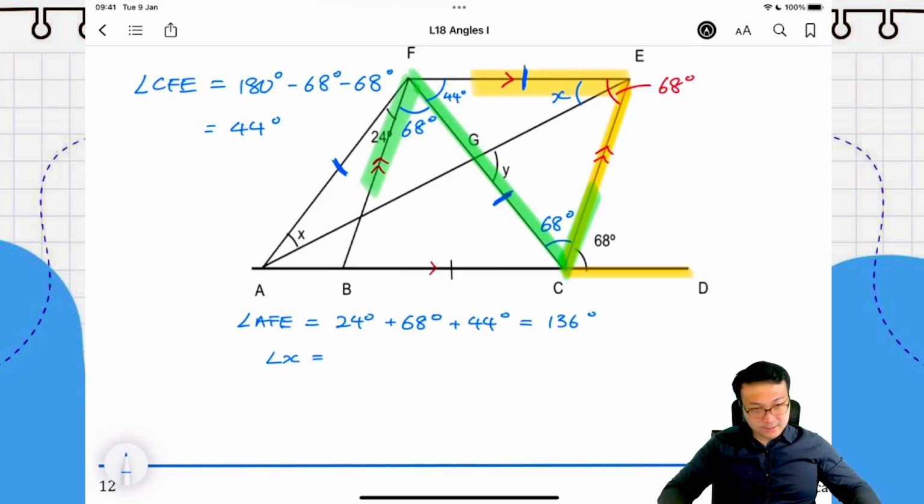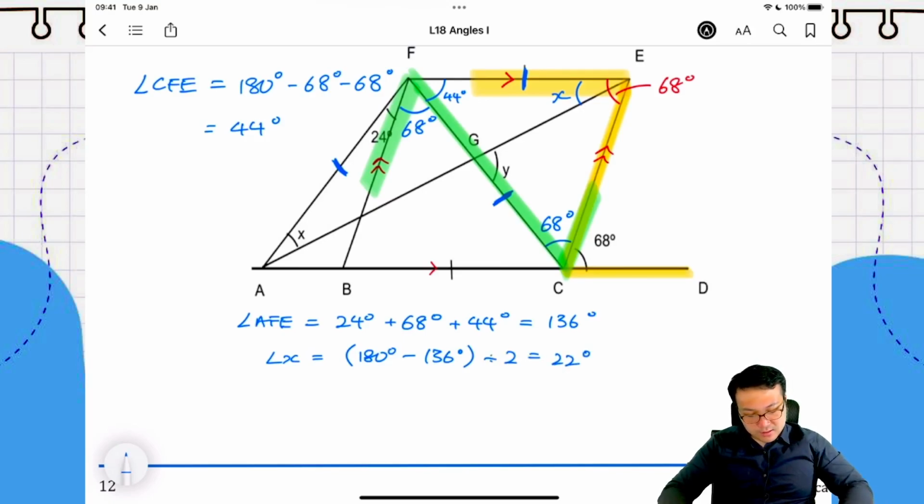Tell me the working. Yes, Cadence, AFE is isosceles, correct. 180 minus 136 divided by 2. Yes, very good. Then you divide by 2 and we get 22.